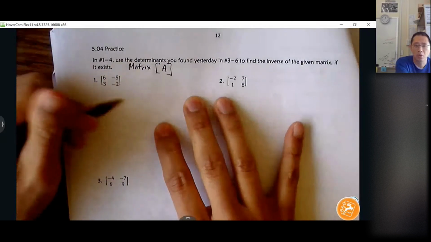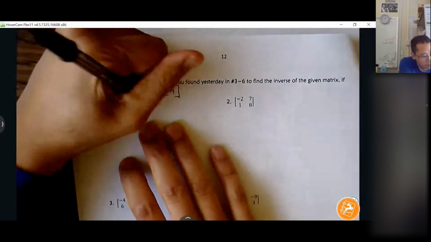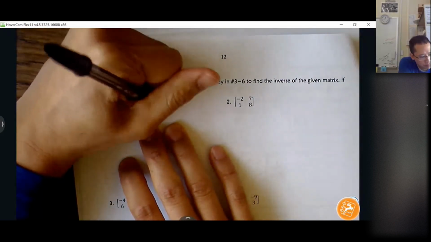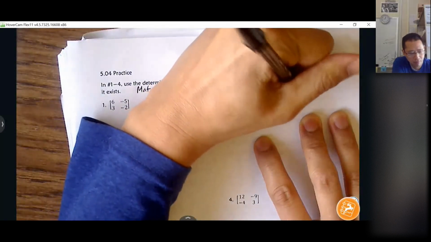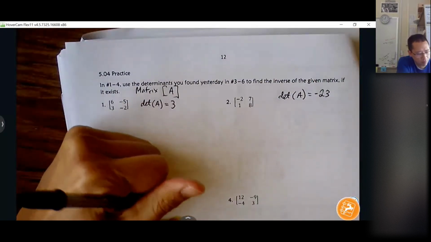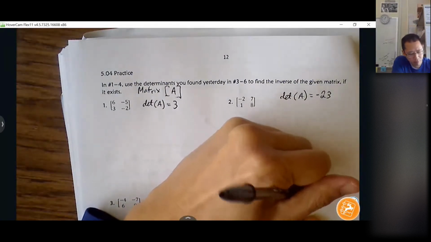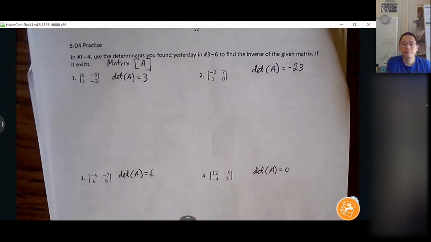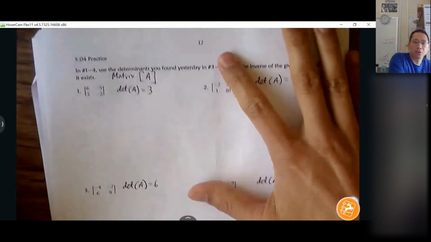It's just that now we're going to go a little further and take that determinant and now move into finding the inverse. Okay, AD minus BC, but we already found it, so we're just bringing it from the previous page. And now we're going to go through our inverse process.